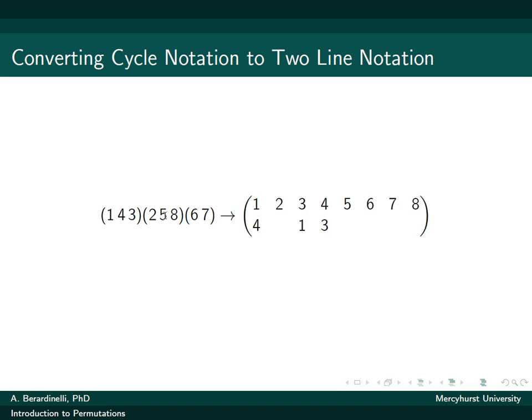4 goes to 3, so below that 4, I must have had a 3. And then 3 is at the end of the cycle, which means it must go back to 1. So underneath the 3 in 2-row notation, I must have had a 1. If I look at 2, it goes to 5, so I could fill in the 5 below the 2. 5 goes to 8, so I fill in the 8 below the 5. And the 8 goes back to 2 because it's the end of the cycle, so I would fill in a 2 below the 8.